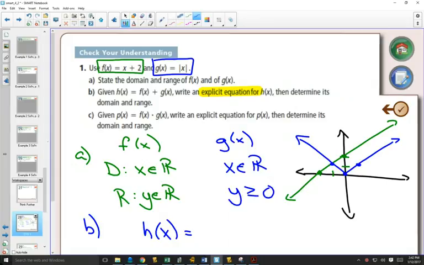Instead of f of x, I could write x plus 2, put it in brackets even. And instead of g of x, I could just write the absolute value of x. And that would be an explicit equation for h of x.